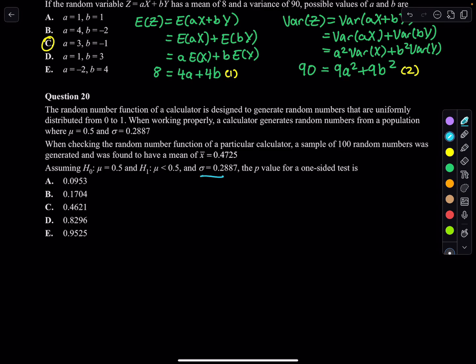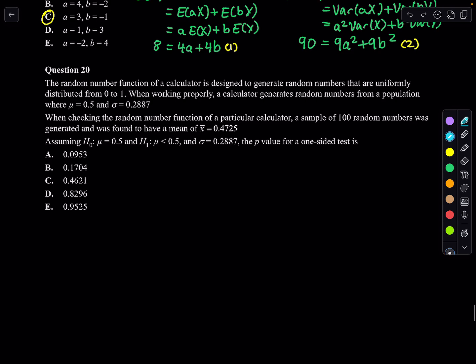And with the same standard deviation, what is the p-value for a one-sided statistical test? So we're just trying to find the p-value. It's generally an easy question. Let's visualize what's happening here. If I draw a normal diagram, imagine that's your x bar, and this is your mean. The mean doesn't change.